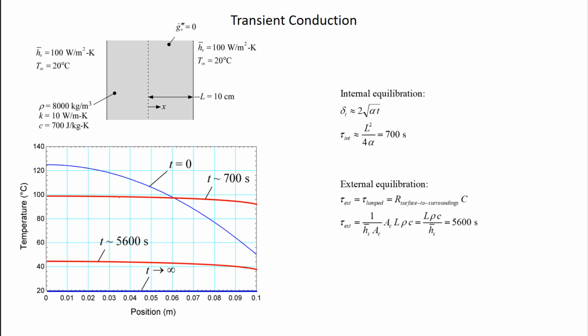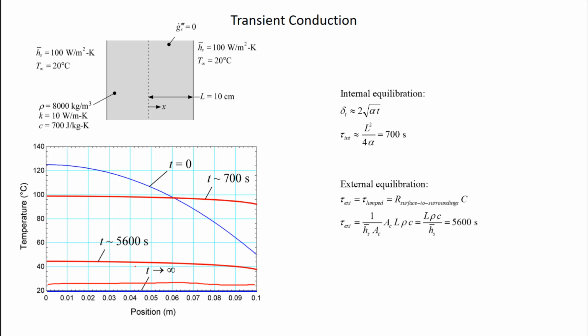After about 700 seconds, I'm pretty flat. After about an hour, I'm still pretty flat, but now I'm 64% of the way down towards T infinity. After another hour, now I'm 90%, and so you get this sort of exponential drop down to T infinity. That's a lot of insight without a lot of work, right?